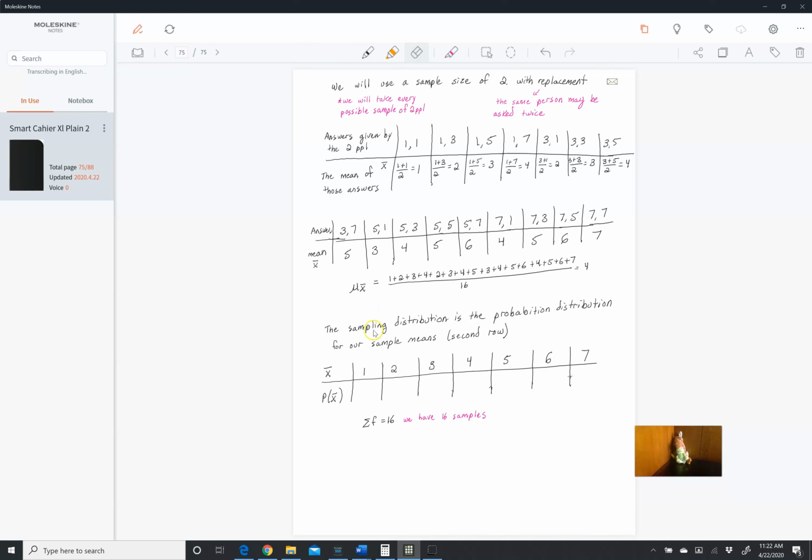So now we have to say, okay, well, how many times does 1 occur? I see 1 only one time throughout here, okay? So this is going to be 1 over 16. And 1 over 16 is 0.0625.